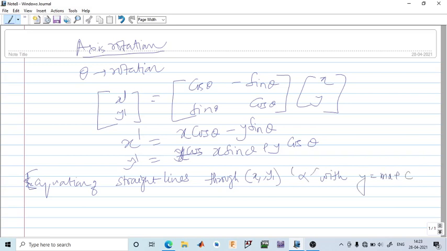You will find in many questions this type of problem, that you need to find the equation of a straight line through a specific point that makes angle alpha with a given line, that is y equals mx plus c, slope intercept form. Then you will get two straight lines. The formula you will write in this manner.